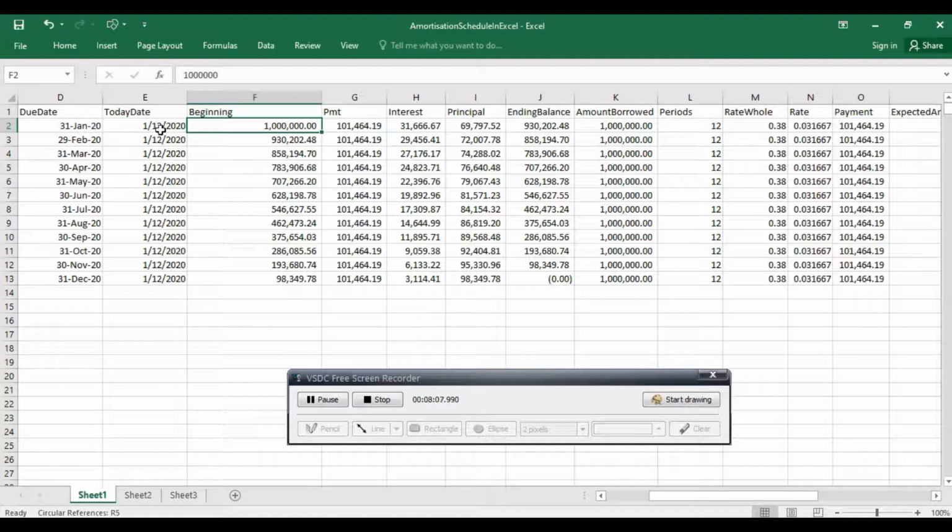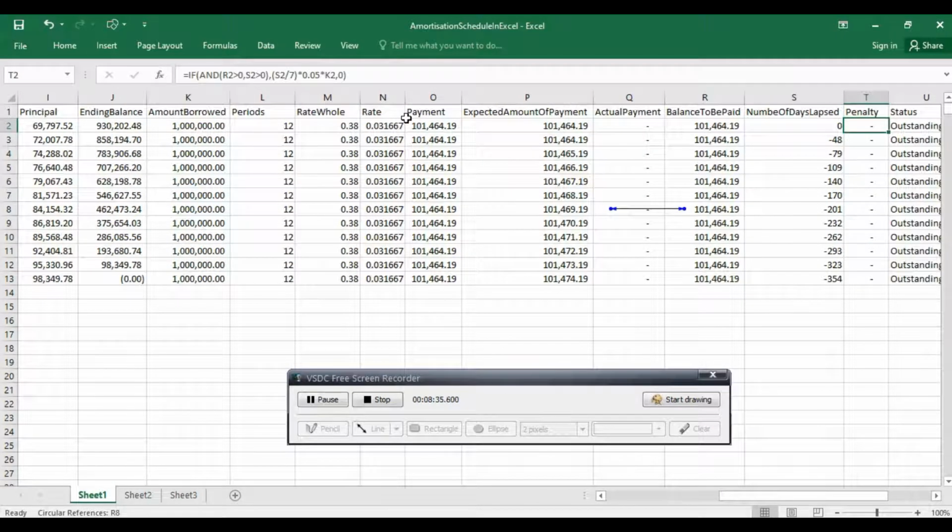Well, you can't change this. Let me just put the date here. Let me say it's 1/31/2020. You can see that the number of days elapsed is now 0, because the due date and today's date have matched.